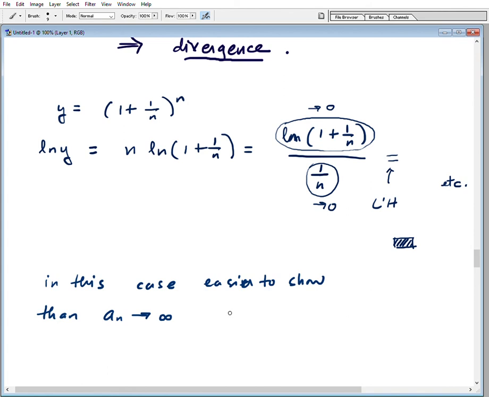And that would mean divergence. The terms have to go to 0, otherwise you don't have a chance of the infinite sum being finite. The terms have to die down to 0 very quickly. So that would be easier here, easier than the ratio test.